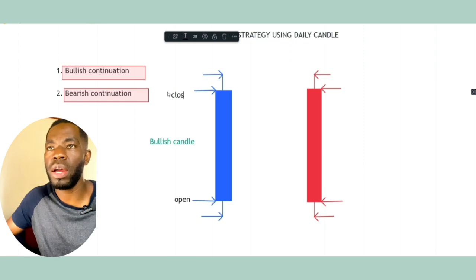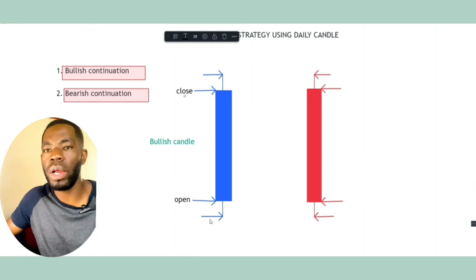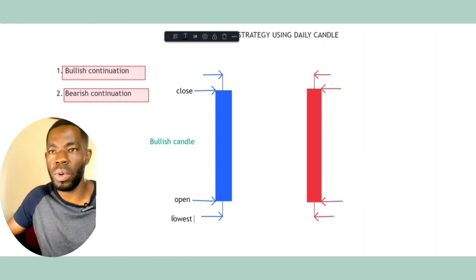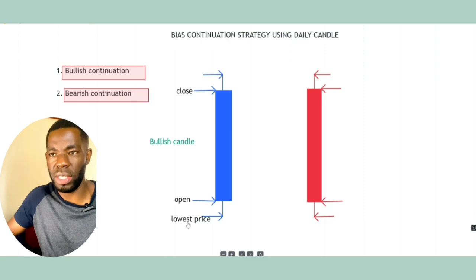It closes here, and then this would be the lowest price of the candle of the day, as indicated by that lower wick. This is the lower wick.